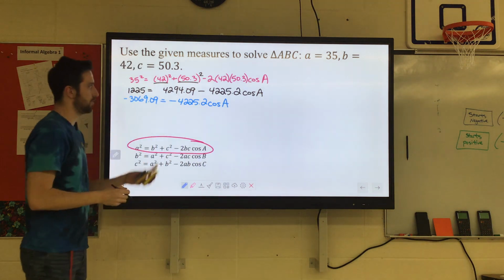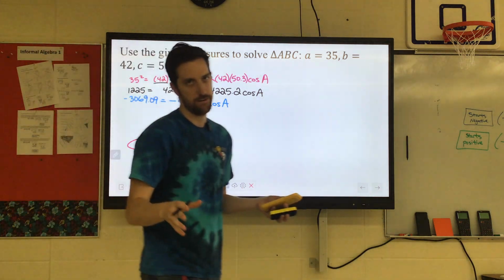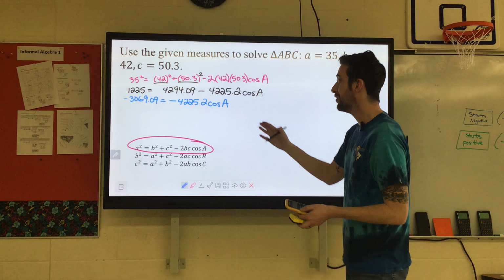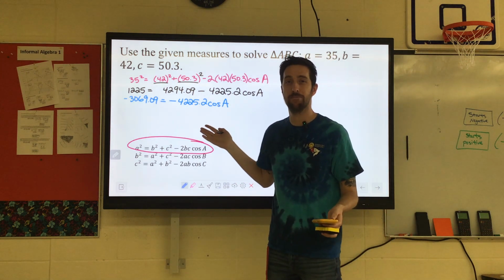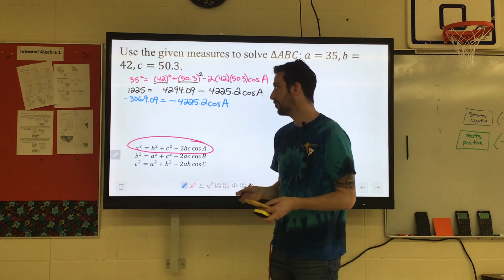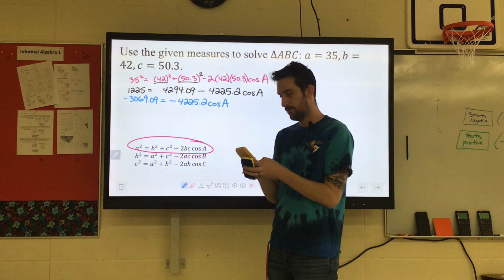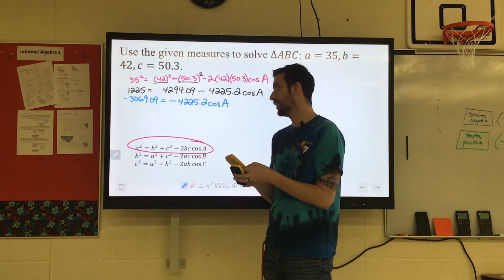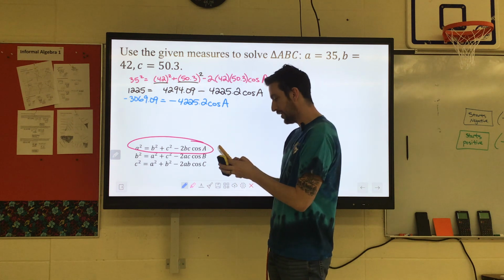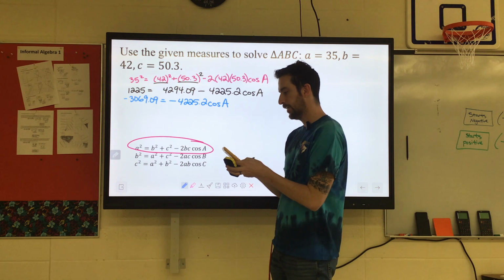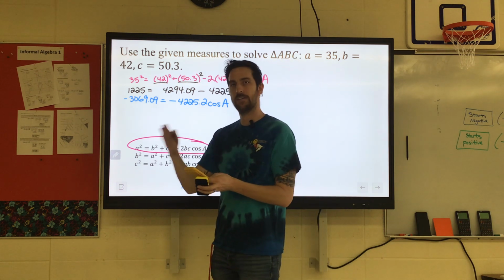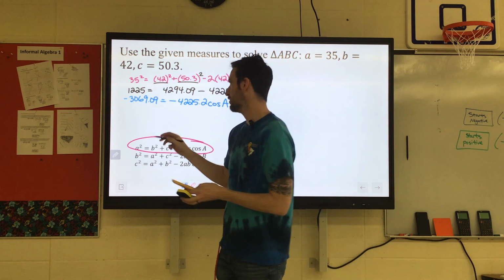All I did was subtract that 4294.09 from both sides. Now here, we're trying to isolate the cosine of A. It's currently being multiplied by this, so we're going to divide it on both sides. So negative 3069.09 is already in my calculator, divided by negative 4225.2 equals, and we're going to round this nasty decimal to 3 decimal spots.